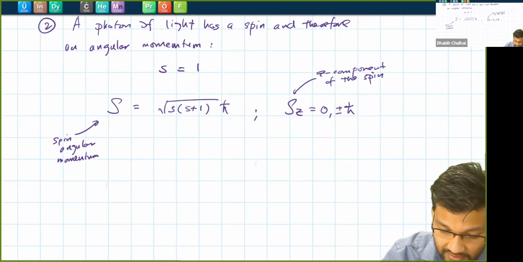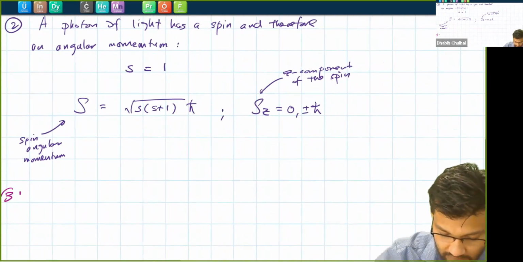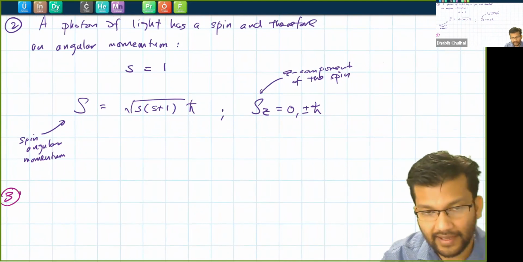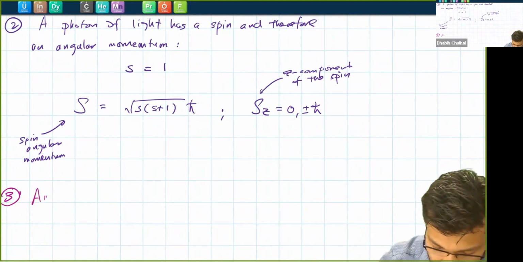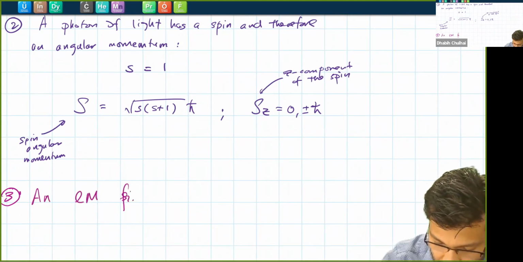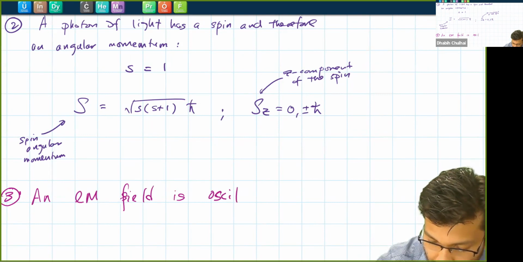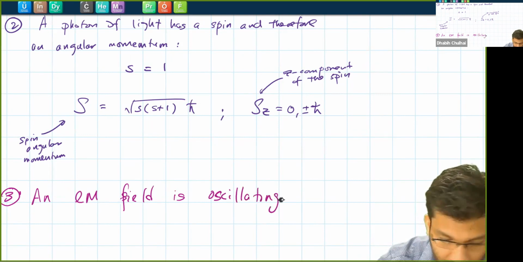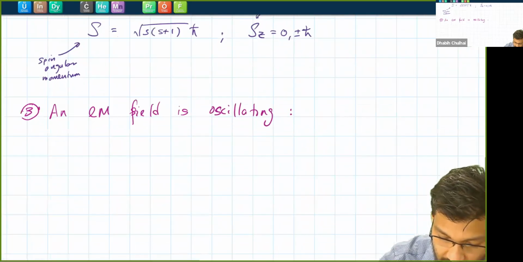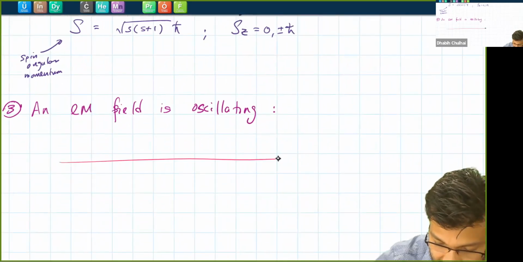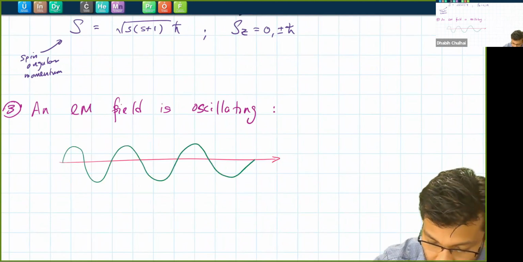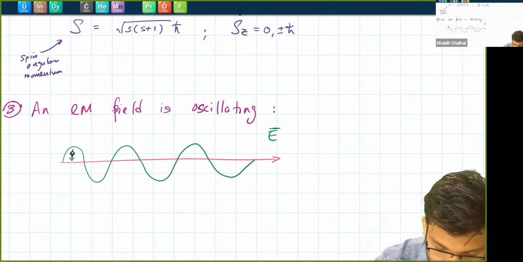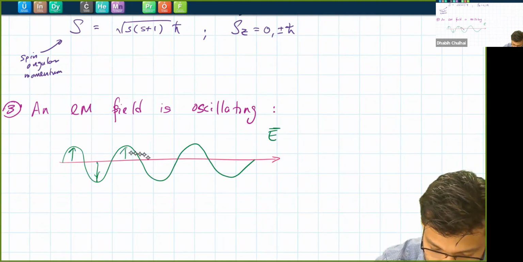And then the third thing that I want us to focus on, the third property of light, is that light is an oscillating field. So an electromagnetic field, an EM field, is oscillating. Right? So let's say we have light moving in this direction. I'm going to use green for electric field. So maybe this is the electric field. At some point it's positive, at other points it's negative, right? That's what this little thing says.